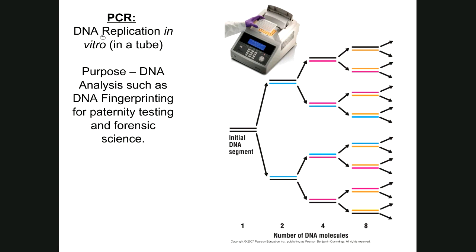The problem was the person that came up with this idea for PCR, his name was Kerry Mullis. When he came up with the idea, the only known DNA polymerases had been discovered in bacteria or in us, in other mammals.